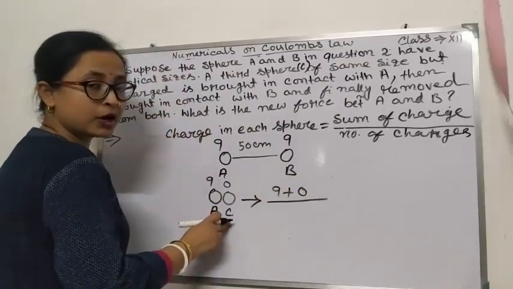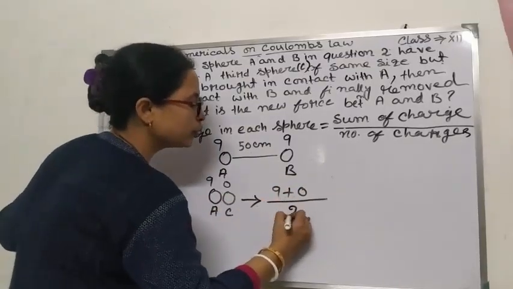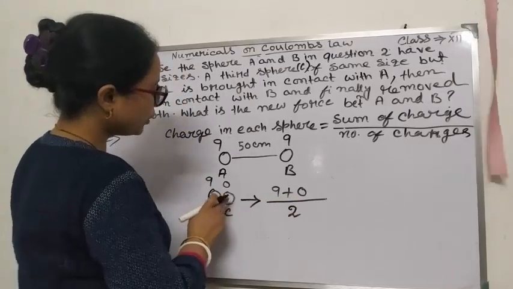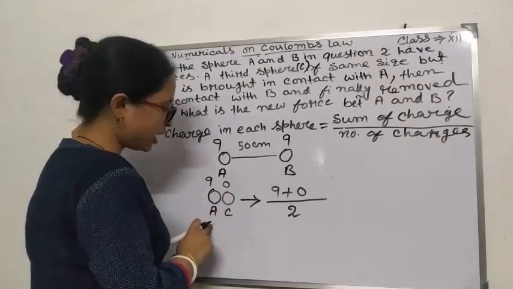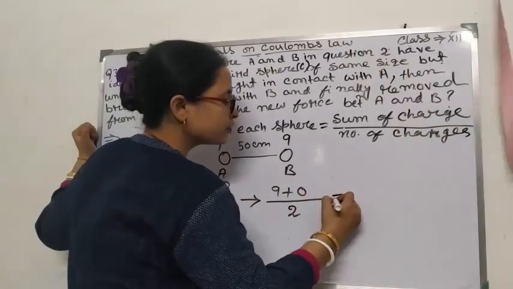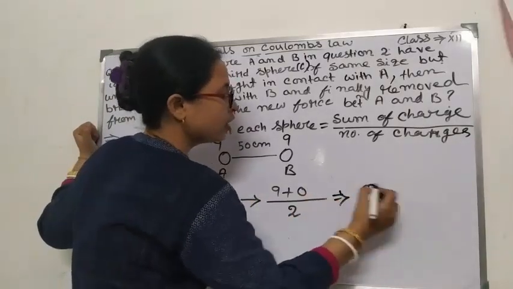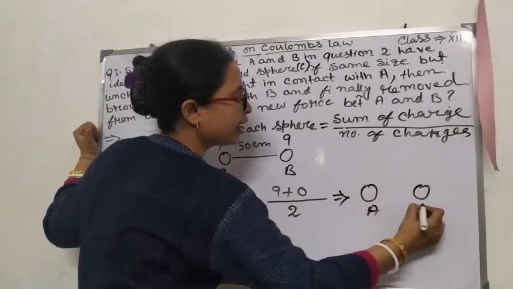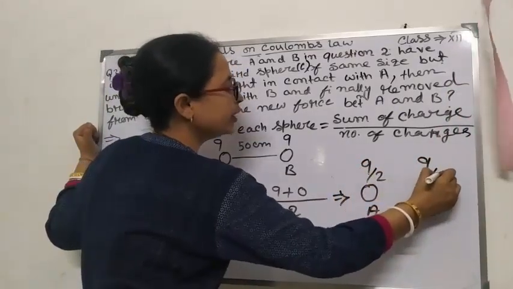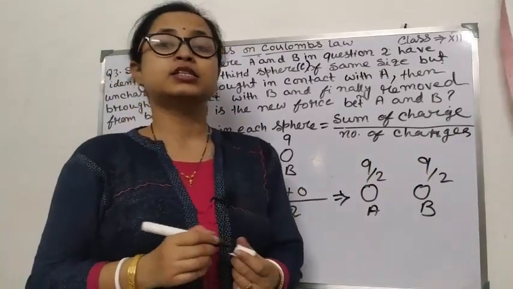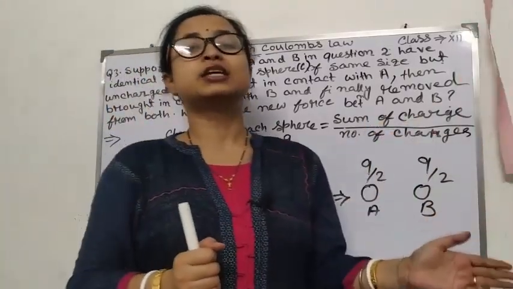The number of spheres is 2, so we divide by 2. Whenever the uncharged sphere is brought close to A and then separated, each of spheres A and C contains charge Q by 2. Clear? This phenomenon is from charging by induction.